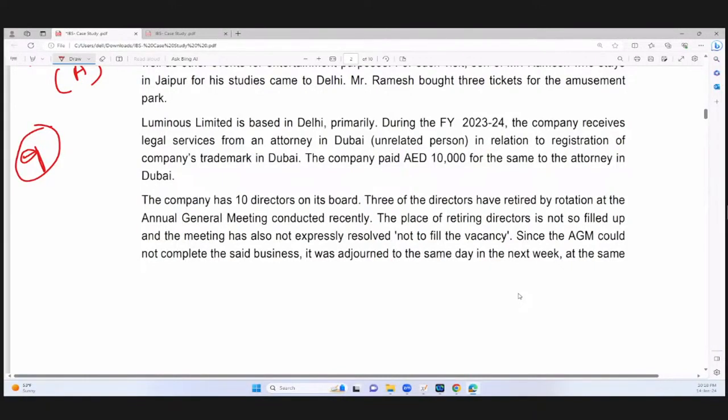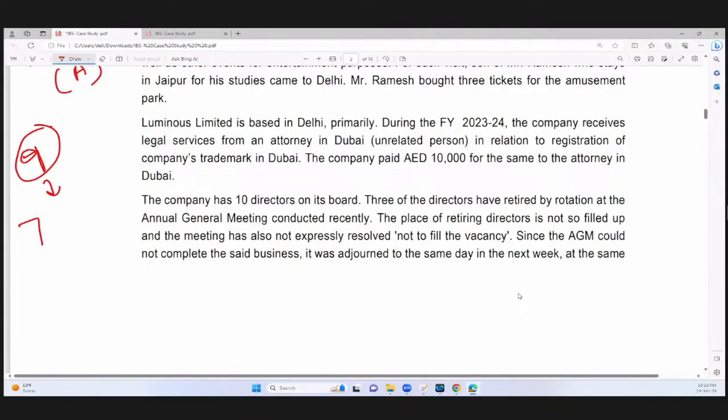We are taking an example that there are 9 directors in a company. Out of that 9 directors, 1 is independent and 1 is nominee. So total number of directors for this section will be 7.